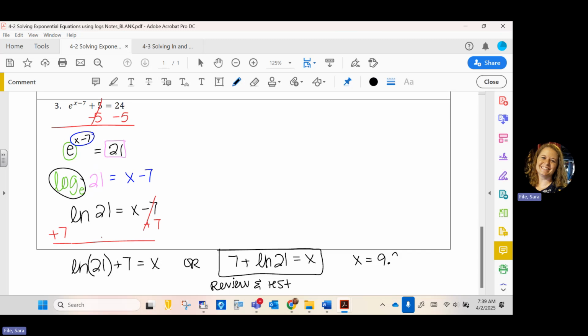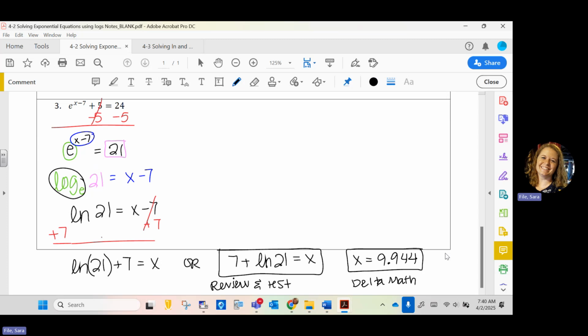So this comes out to approximately 9.944. So Delta Math is having you go ahead and calculate it out in Desmos. On the review and test, you need to be able to give this format before you plug it into the calculator. You've got to be able to do the process and get it to here before you plug it in the calculator.